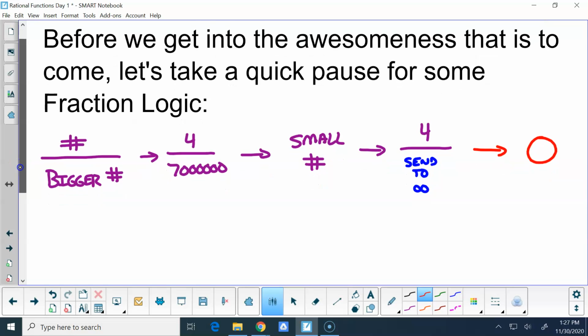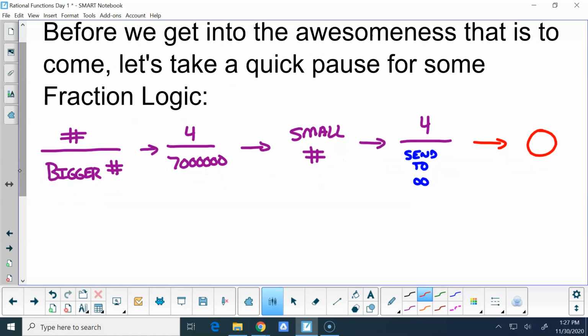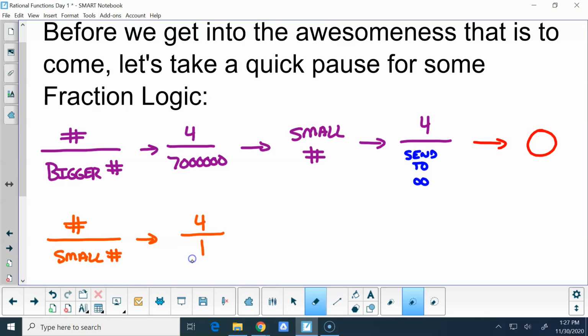Now, instead of making it a big number, let's make it a small number. Like, I don't know, 0.1. Actually, let me put it in fraction form. 4 divided by 1/10. Okay?